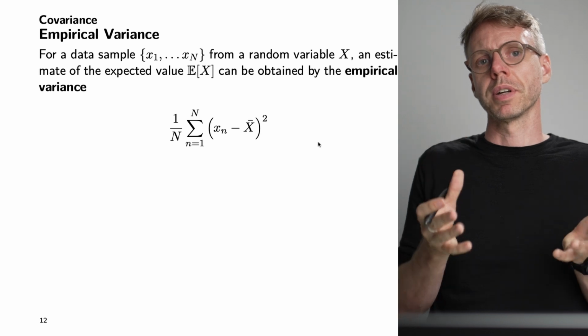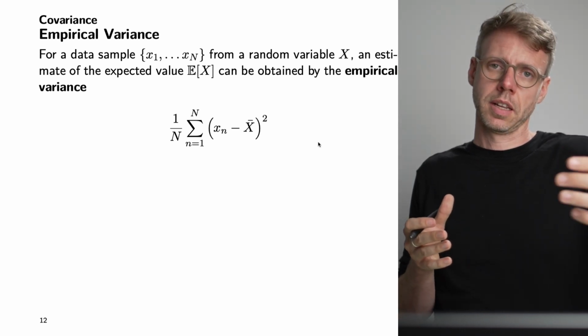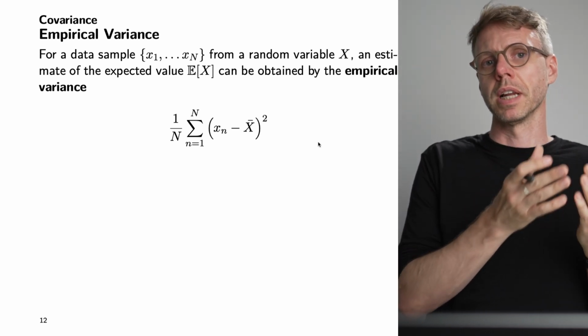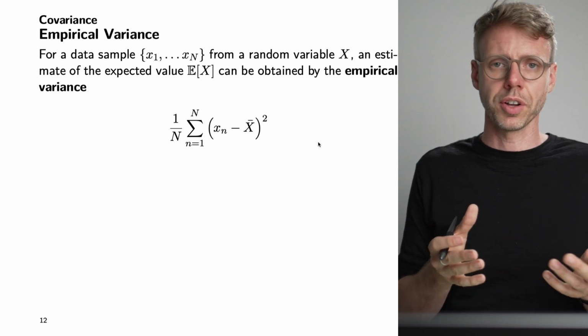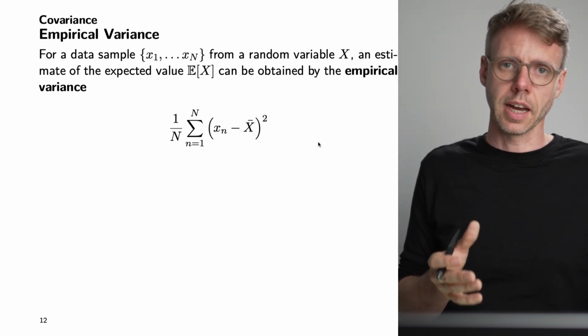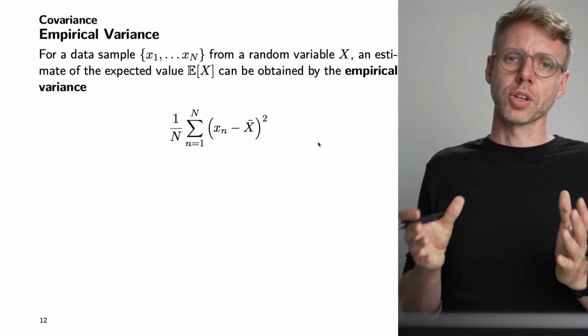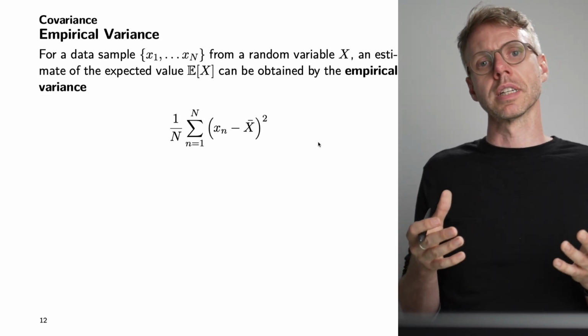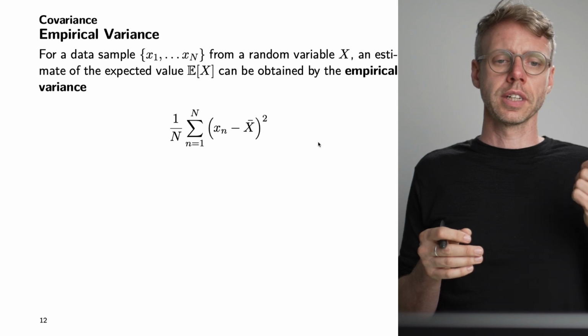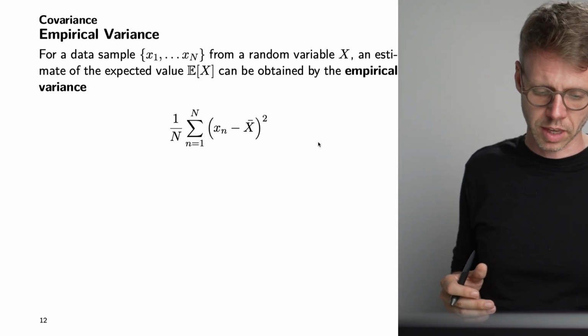If we have an empirical sample, say n examples of the random variable x that are drawn identically and independently from the distribution of x, then we can use these to get an estimate of the variance.